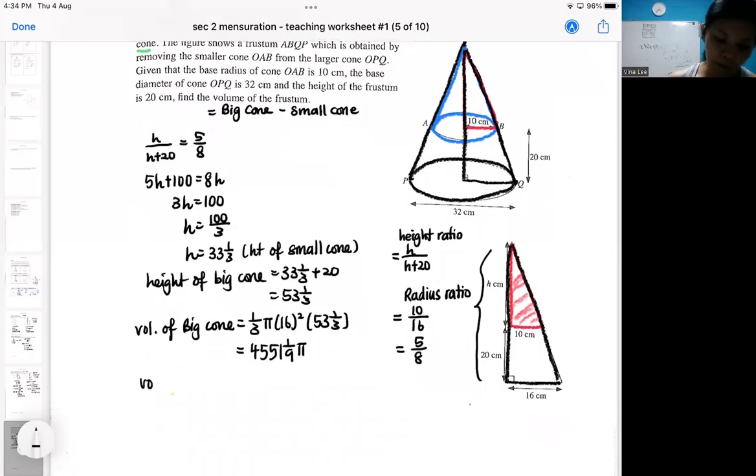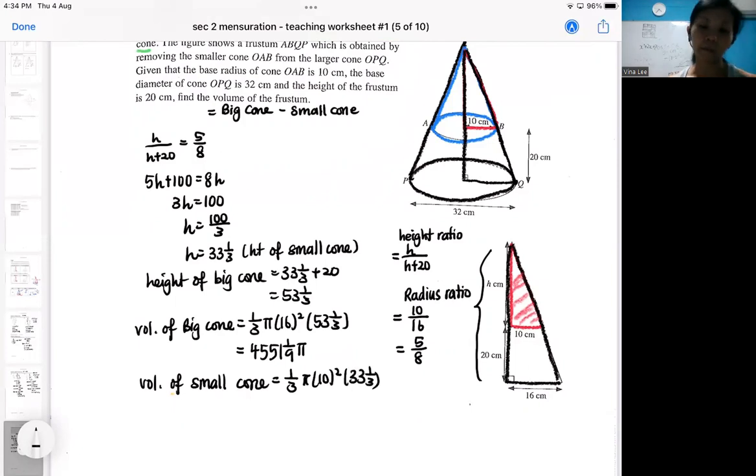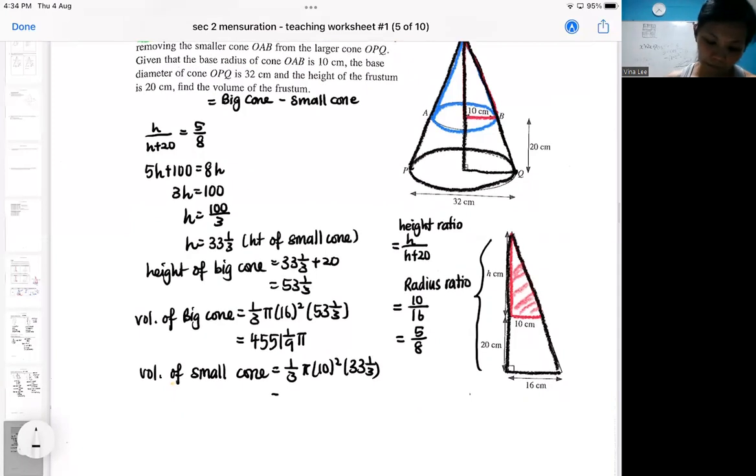Okay, volume of the small cone. Do it part by part. There's no need to do everything in one shot and get yourself very confused, or sometimes you might even make careless mistakes. So do it slowly. Okay, focus on each part.